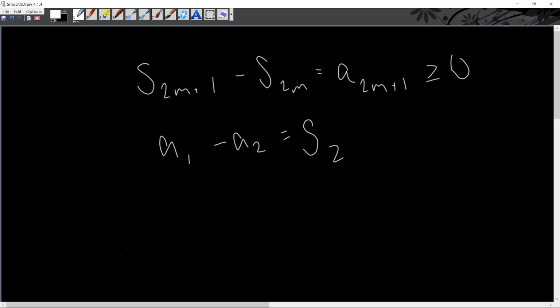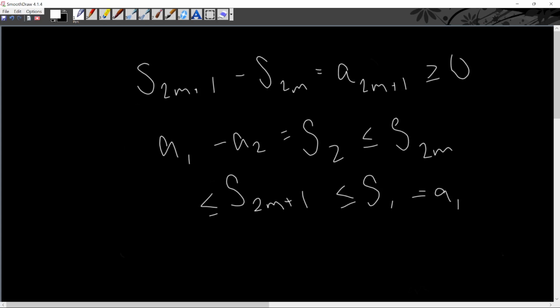Since it's alternating, this is less than or equal to the sum up to 2m, m being some undefined number, and this is less than or equal to the sum up to 2m plus 1, which makes sense, right? This is the sum up to 2m plus another term, which is less than or equal to the sum up to 1. So the last possible value, which is a1, like the first value.